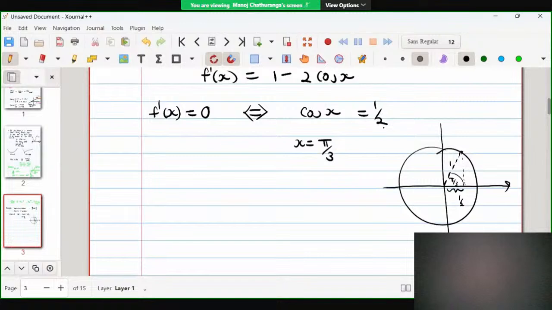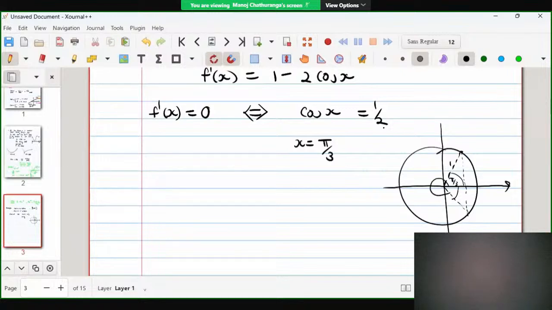If you think about all the other values, to have the same x coordinate, we can think about this angle in the fourth quadrant. That angle in the fourth quadrant has the same x coordinate. Since this is pi by 3, this must be pi by 3.